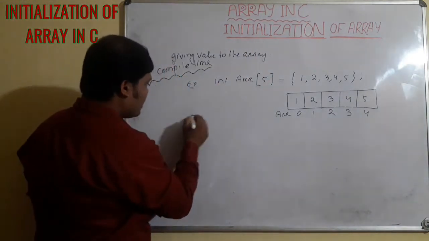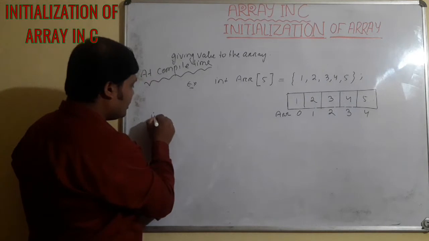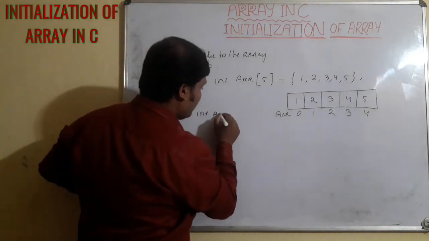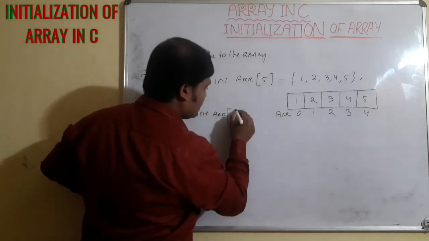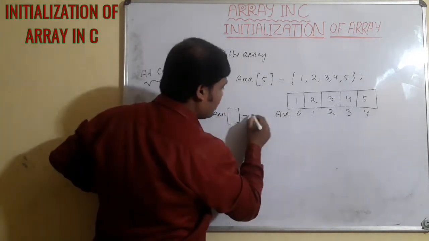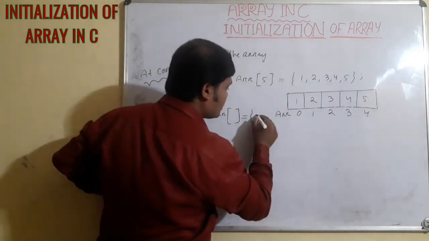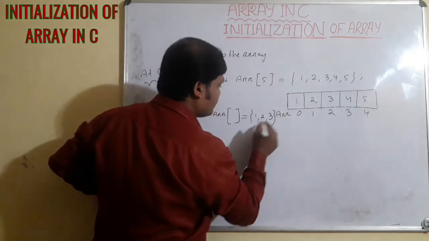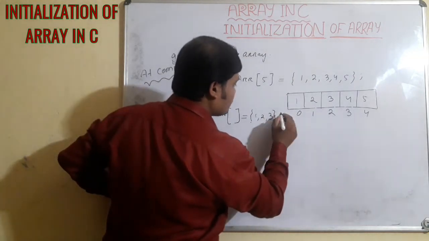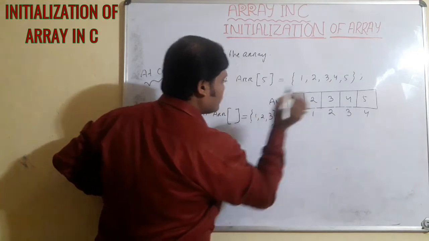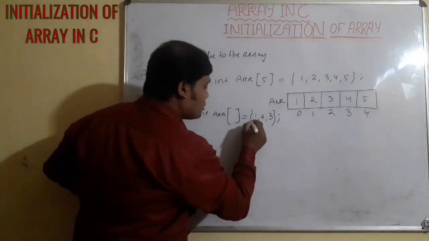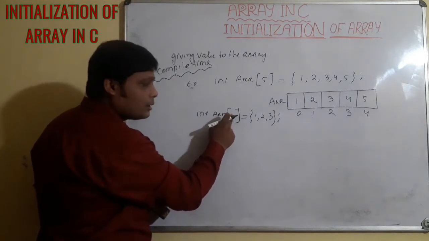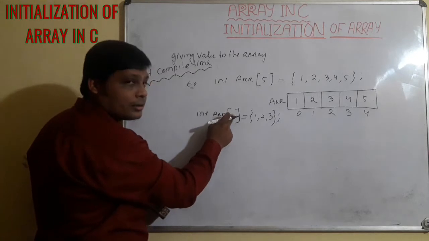The second way, I can write int ARR, leaving the size blank, equal to curly braces 1, 2, 3. Clear? Here the size I have left blank. There is no size mentioned here.